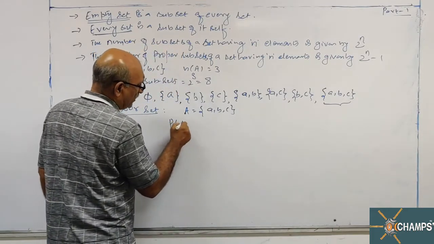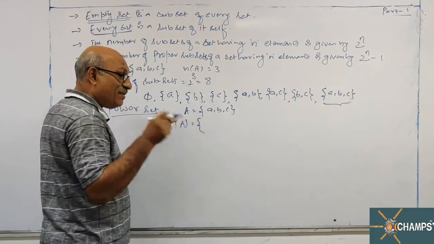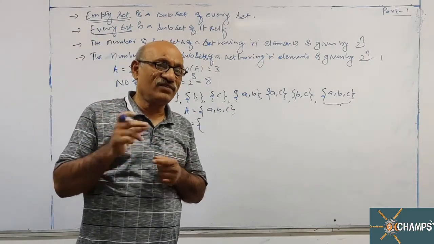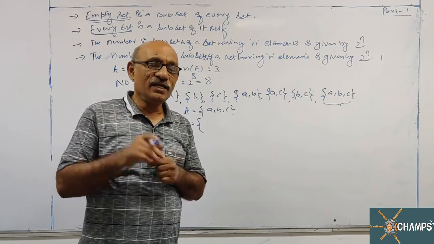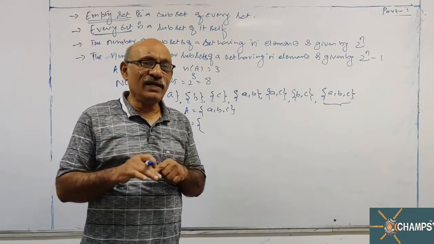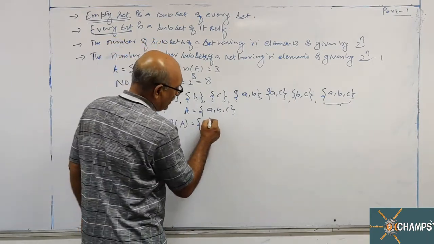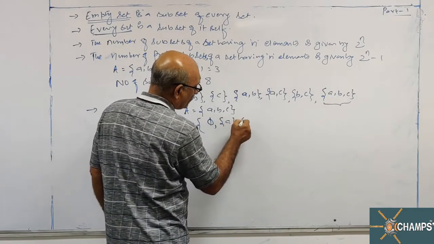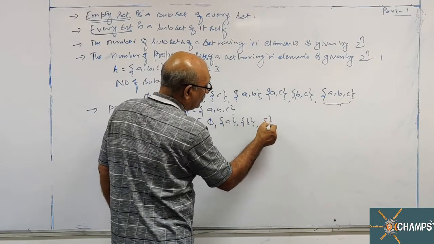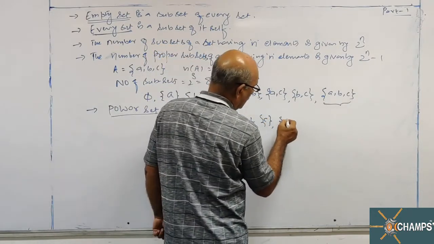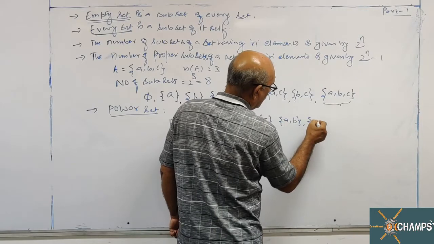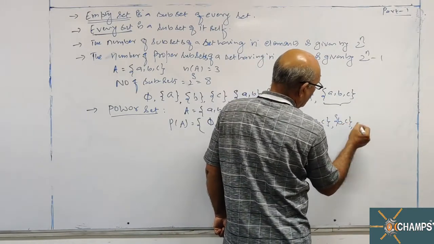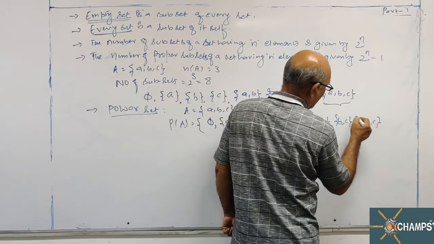If I represent these 8 subsets as elements in roster form, then again you will get a set. Look at this: empty set, {A}, {B}, {C}, {A, B}, {A, C}, {B, C}, {A, B, C}.